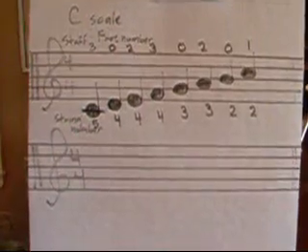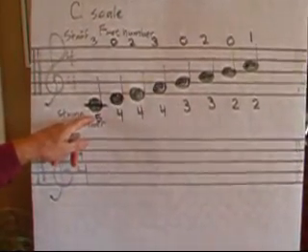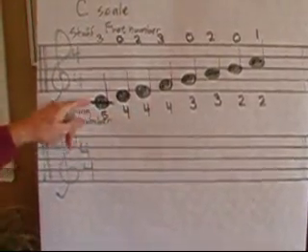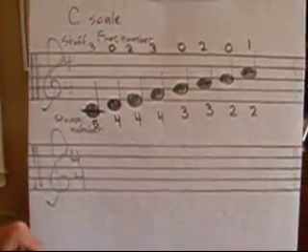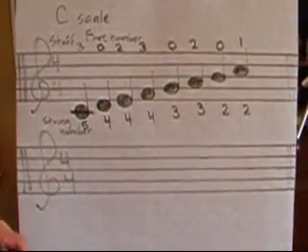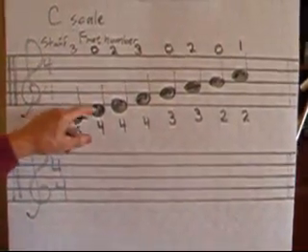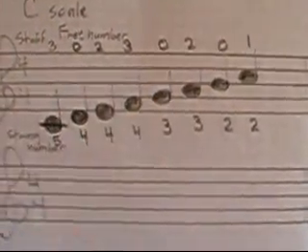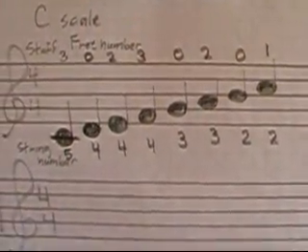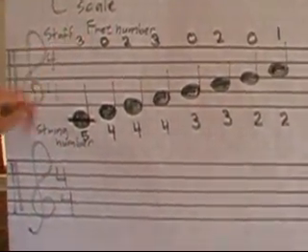And then secondly is to start looking at the numbers of the strings and the numbers of the frets, and eventually what will happen is that you will memorize how to position those notes on your guitar without writing down string numbers or fret numbers.